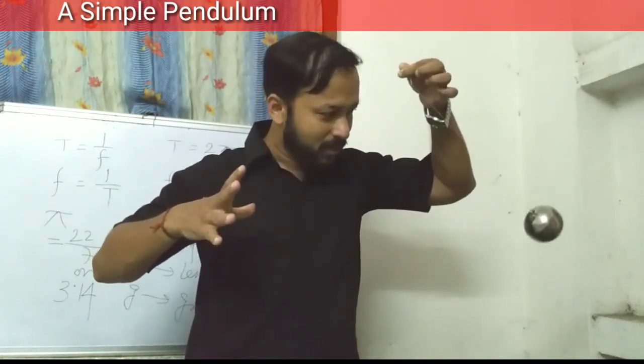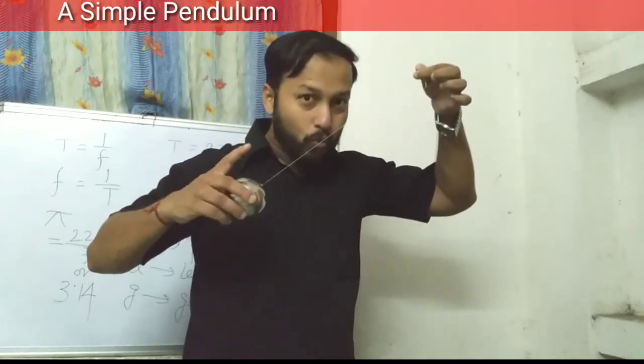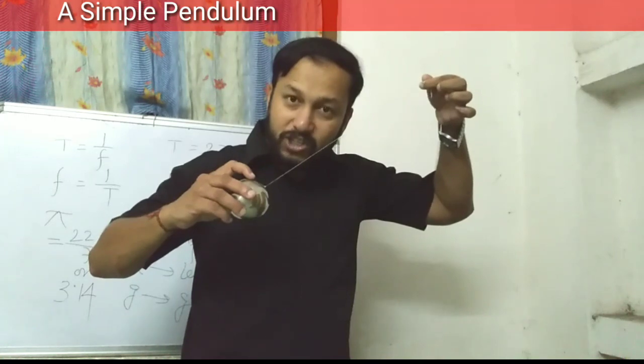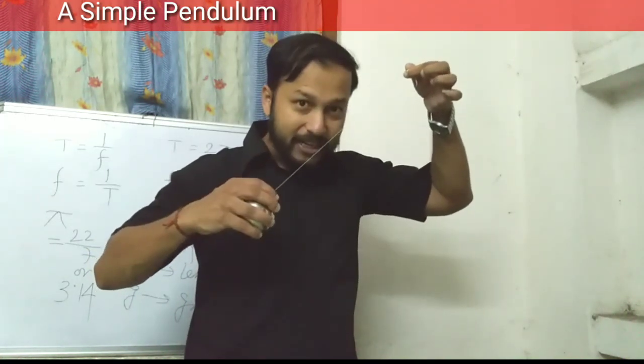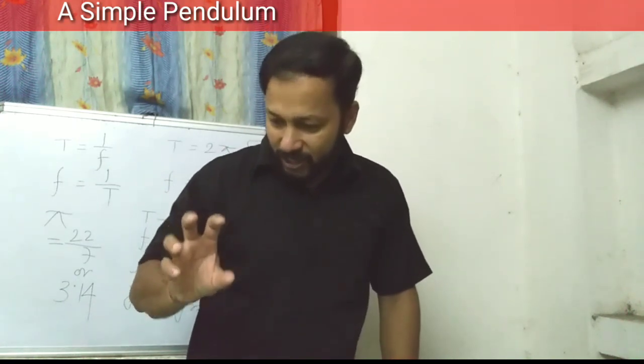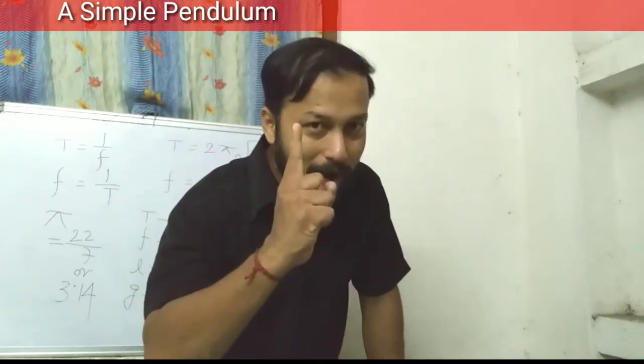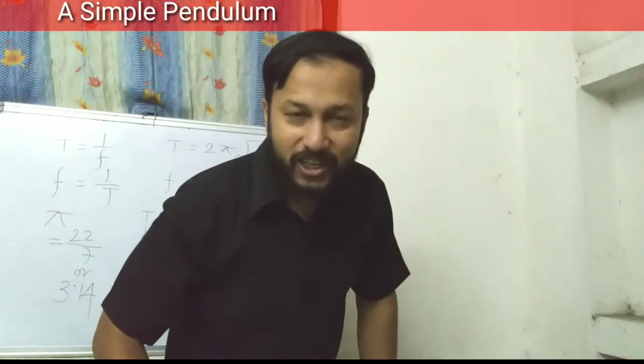Fine. One more oscillation. So one oscillation means from where it is starting, again it is reaching the same point. Understood? From here it started. Fine. It is one complete oscillation.